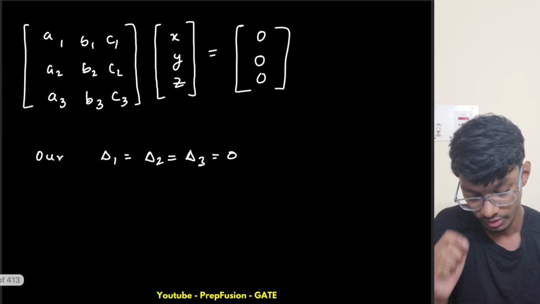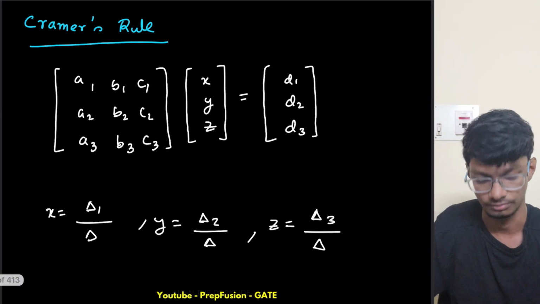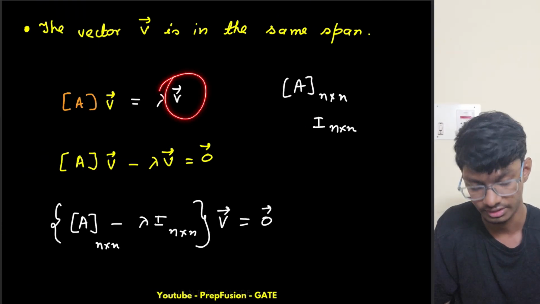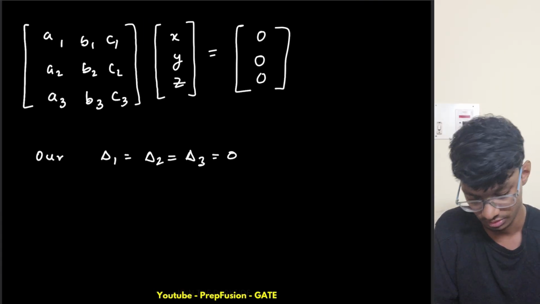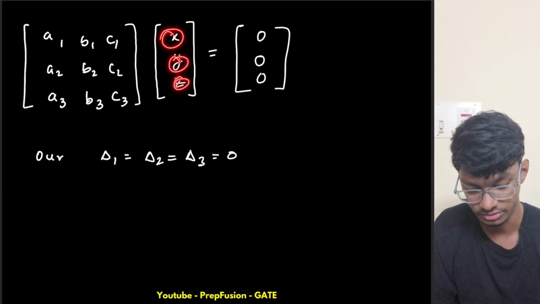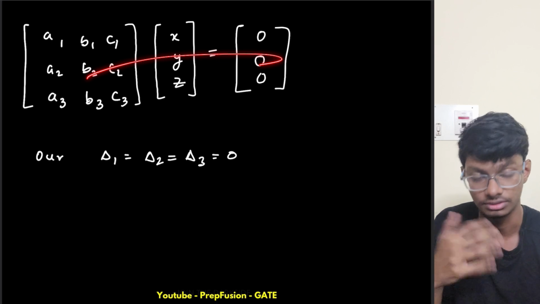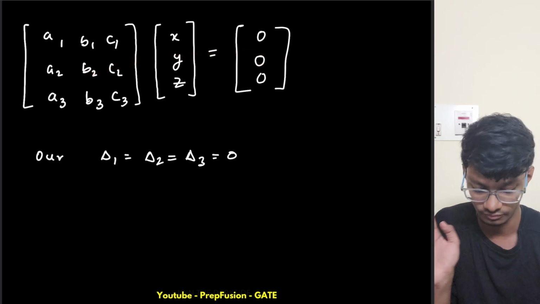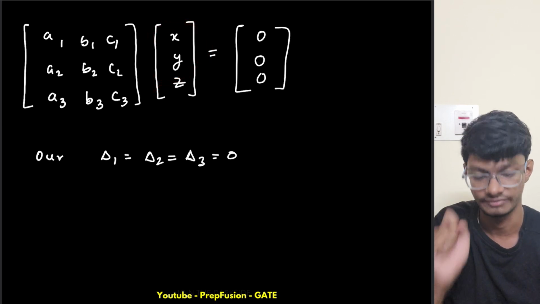Now what we have to understand is that we have at least one solution, just like the previous case. That vector v itself is a null matrix. So here also we always have one solution, that is x equals y equals z equals 0. If all of these three become 0, then we always have a solution.